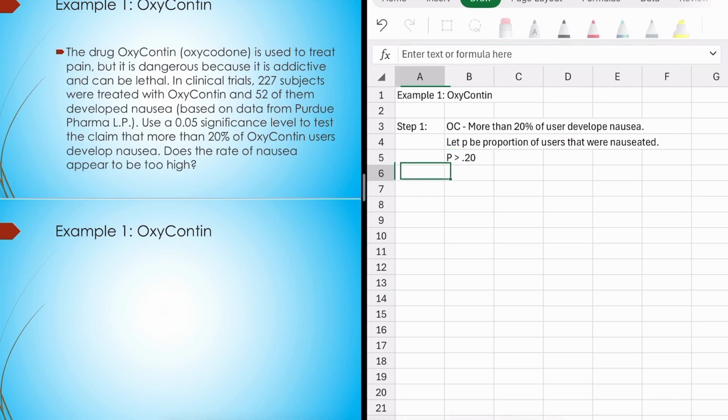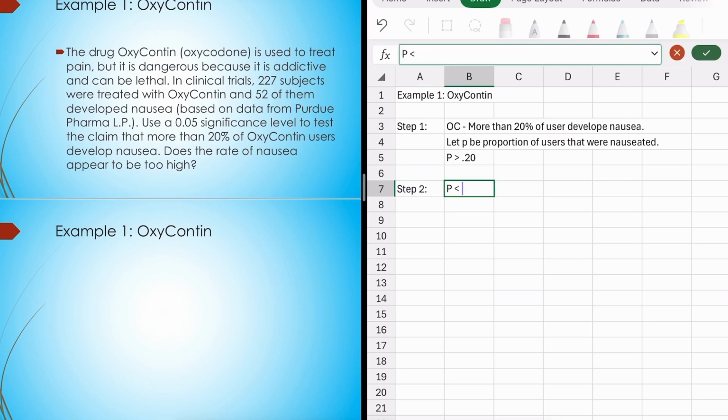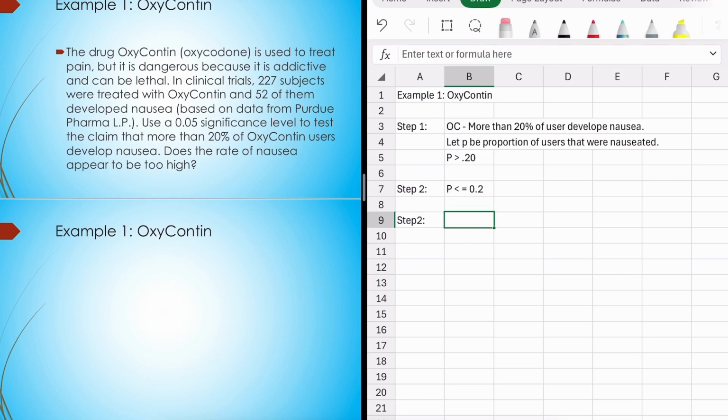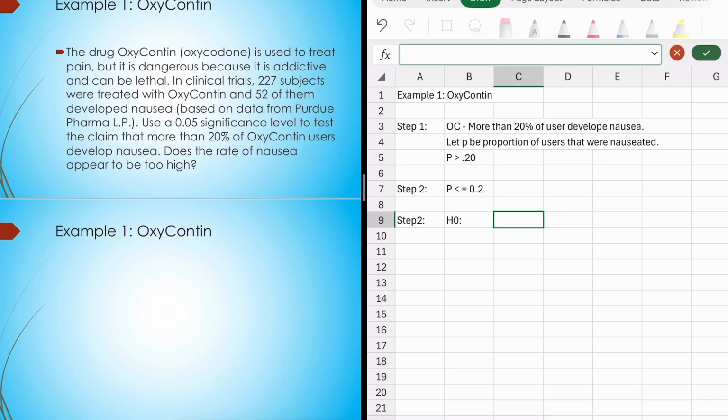All right, my original claim. Step 2 is the negation. That's P is less than or equal to 0.2. Step 3 is the hypotheses. So H0 is going to be the one that has equality. The null hypothesis always has equality.